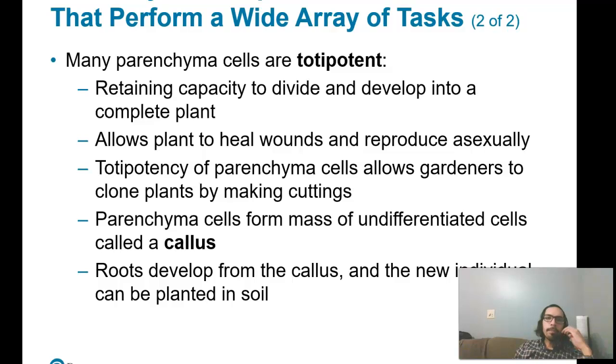Then many parenchymal cells are also totipotent cells. So totipotent means that they retain the capacity to divide and develop into a completely new plant. So this allows the plant to be able to heal itself from damage and also allows the plant to reproduce asexually.